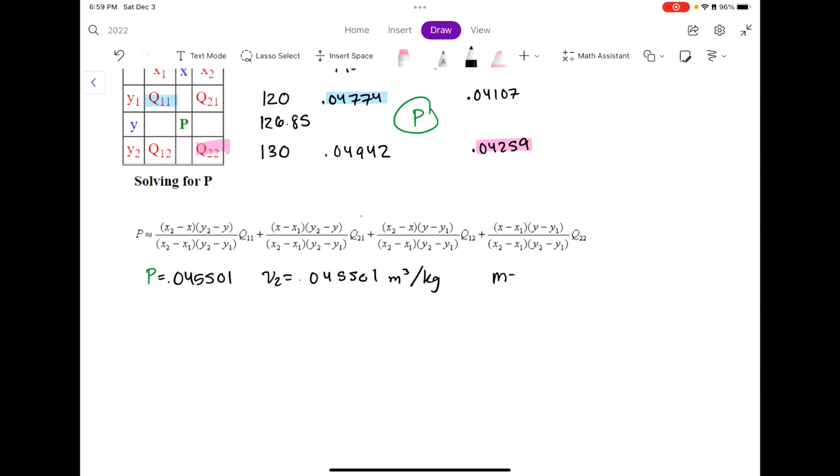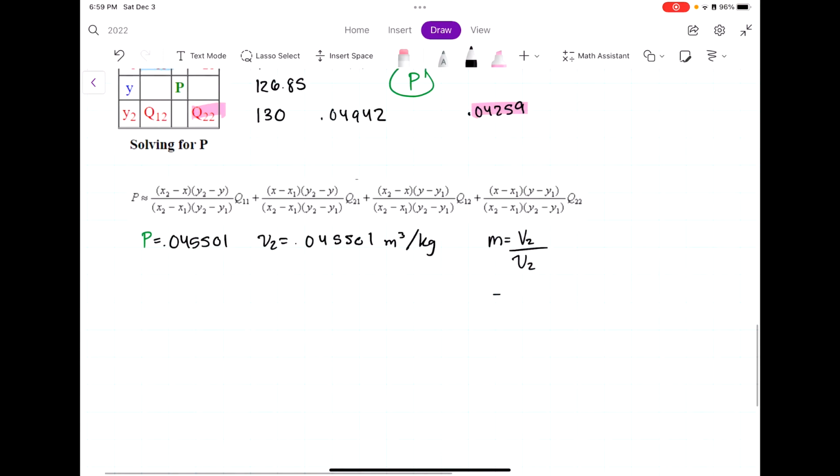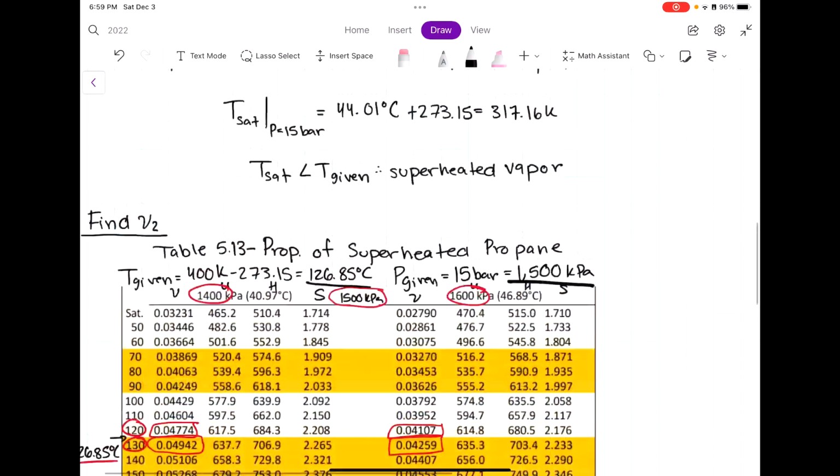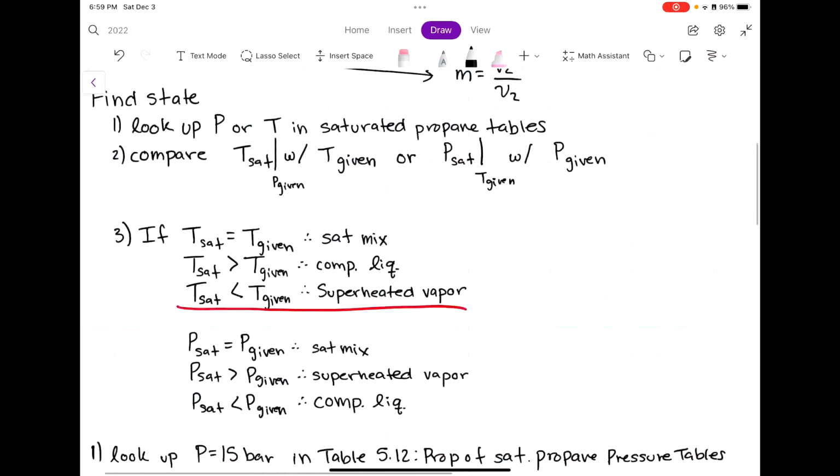And we know that mass is equal to our volume divided by our specific volume. When we plug everything in, remember our original volume is 0.5.